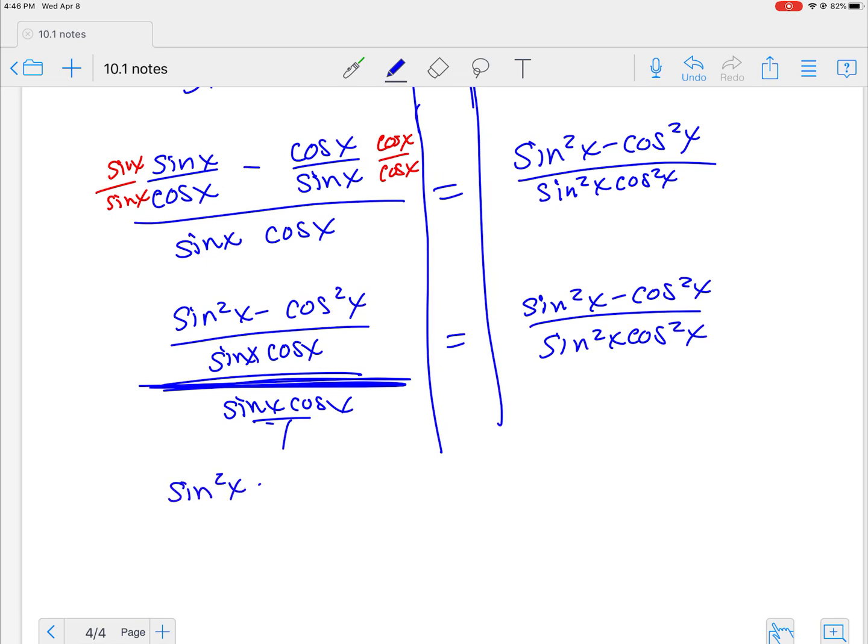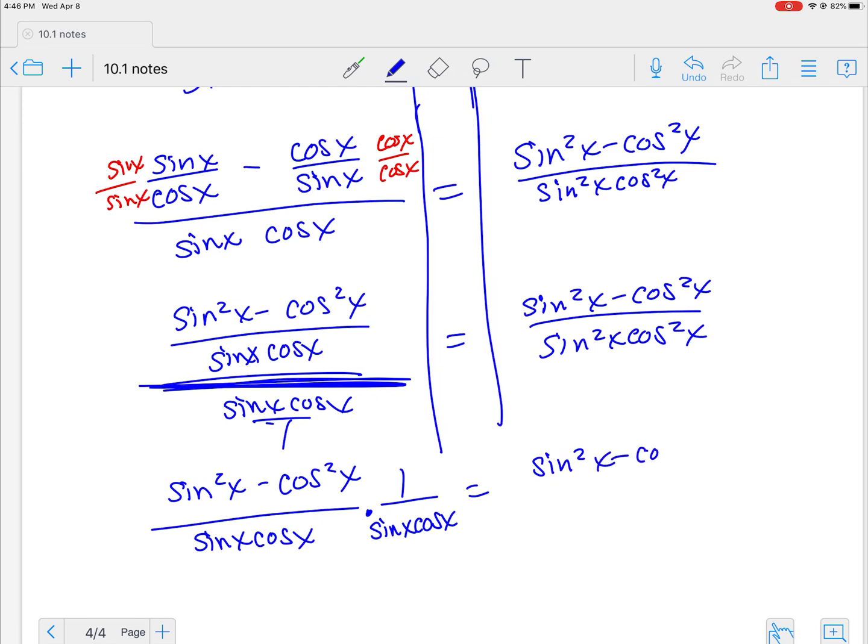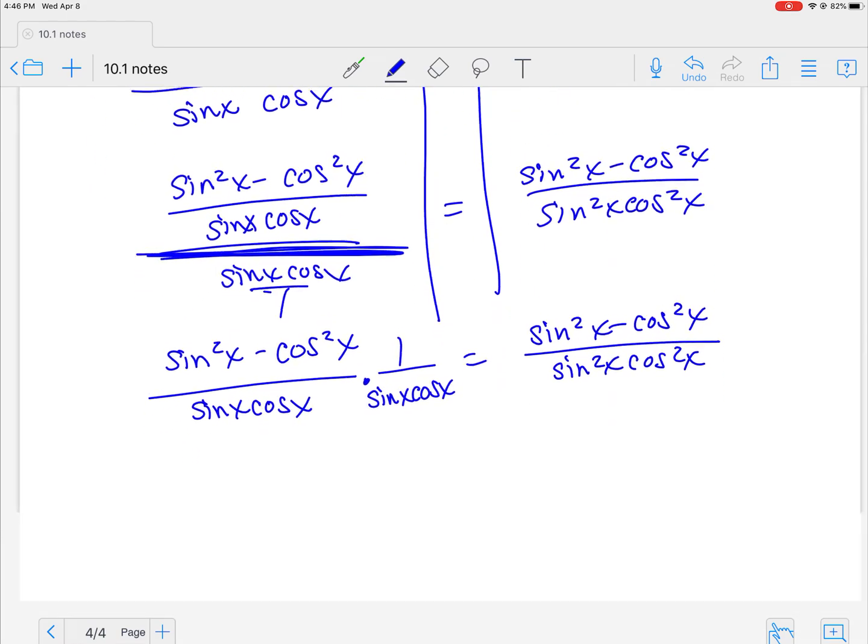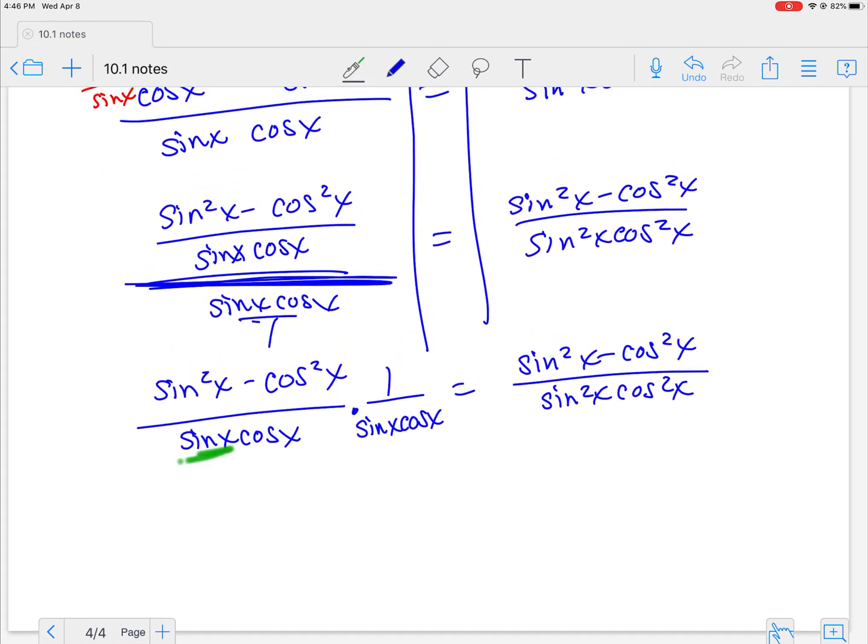Sine squared x minus cosine squared x over, and yes, it does get annoying just having to rewrite the same thing over and over and over again, but you deal. And then multiply by the reciprocal. Do you see it just happened? When I multiply by this reciprocal, and there it is, right?